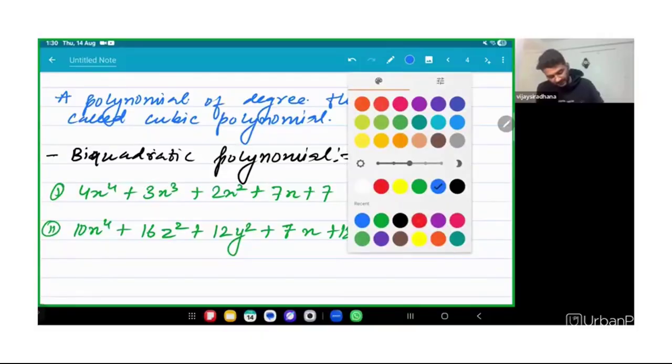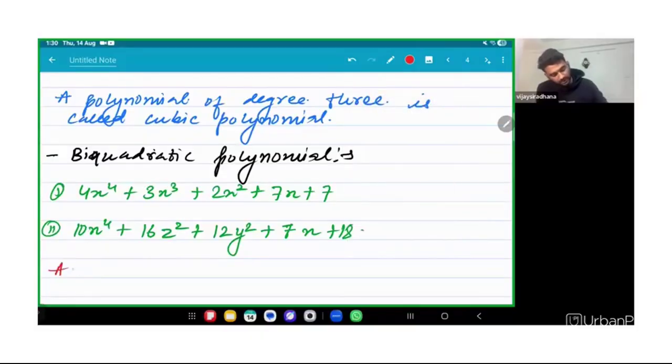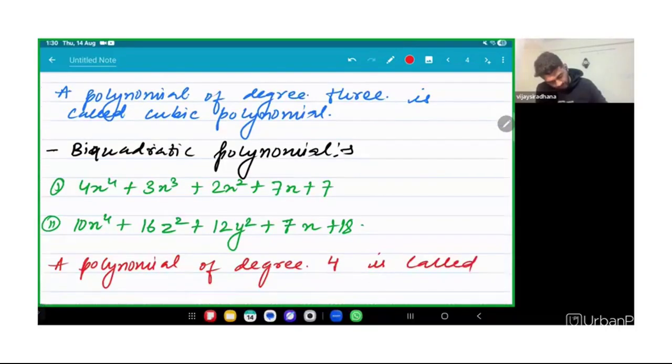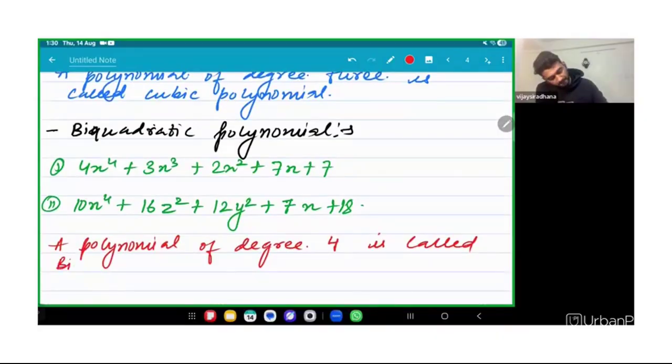So in the definition side, we should write: a polynomial of degree 4 is called biquadratic polynomial.